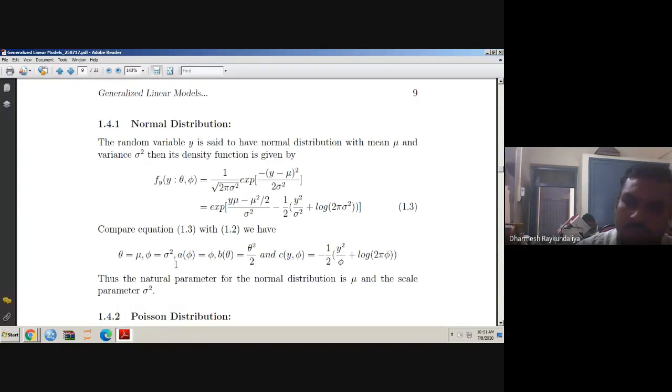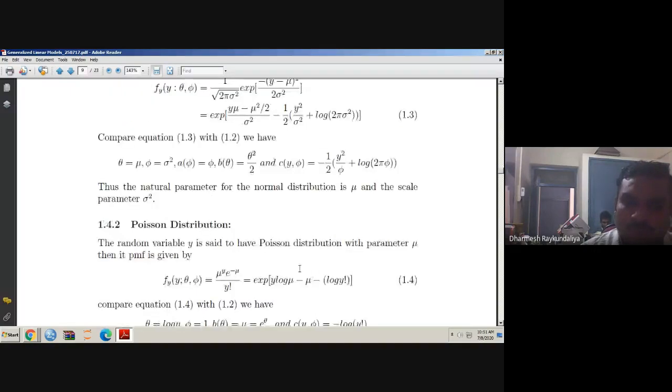So theta equal to mu, which means theta and mu are identical. That means the link is identity. That is, the expected response is connected with the predictor with the identity link.